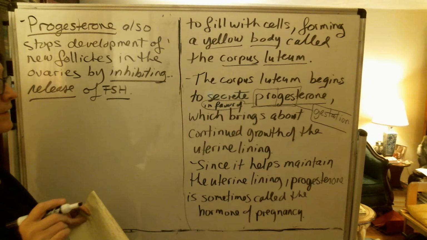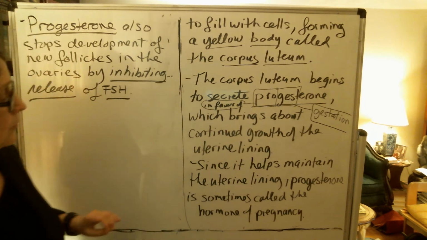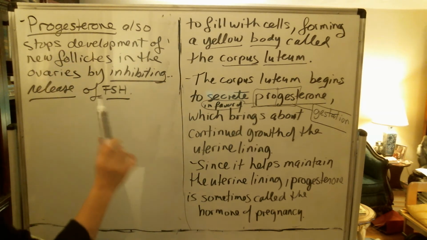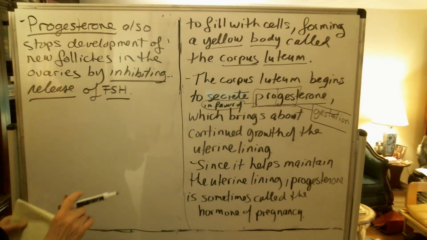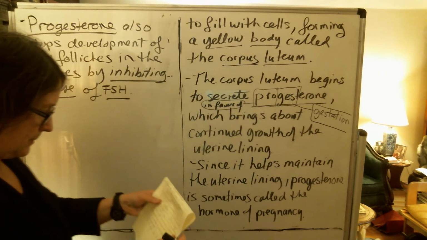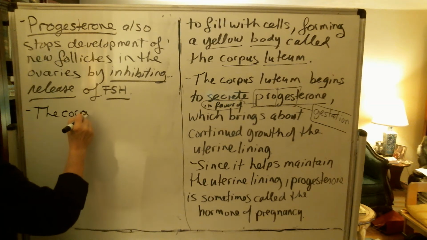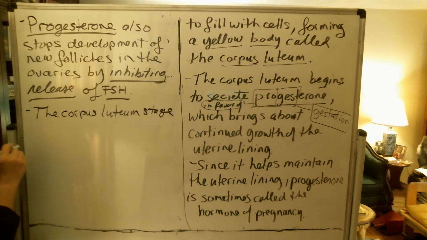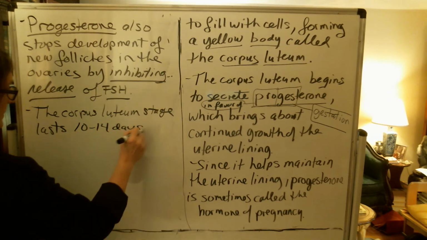So what this means, therefore, is basically that a person cannot get pregnant if they are already pregnant. So if you are busy secreting progesterone, then for the time being, you will not be releasing as much follicle-stimulating hormone, and so you will not wind up having new follicles maturing for a while. So then the corpus luteum stage lasts 10 to 14 days.